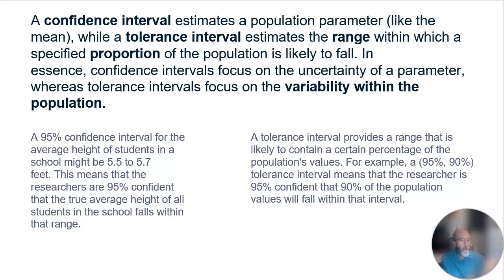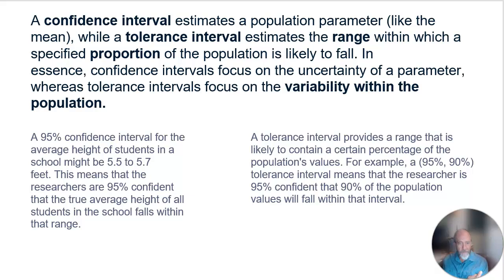So a good example would be, for a confidence interval, a 95% confidence interval for the average height of students in a school might be 5.5 to 5.7, saying that you're 95% confident that the true average height of those students that you sampled is within that range of 5.5 to 5.7.